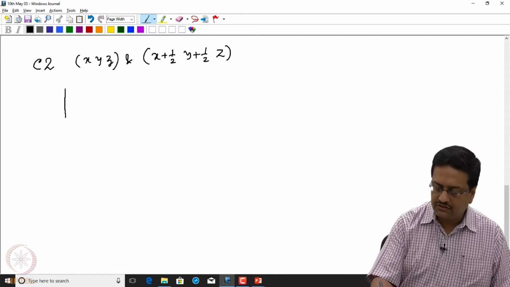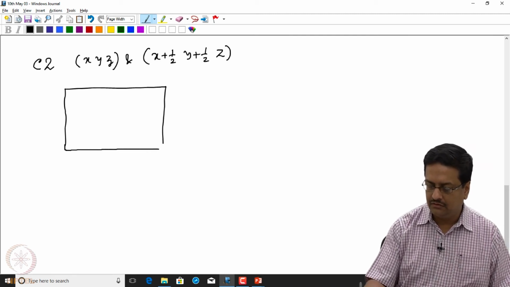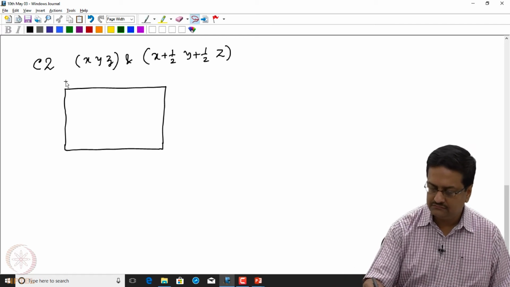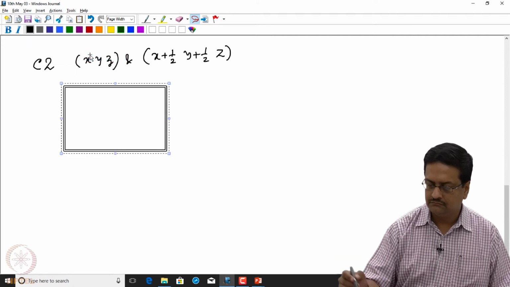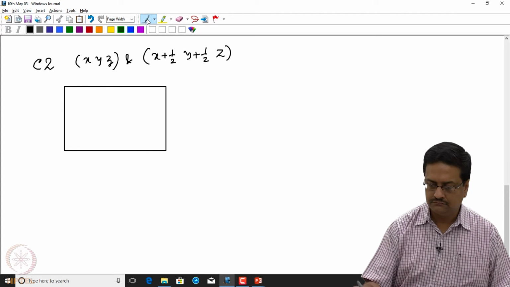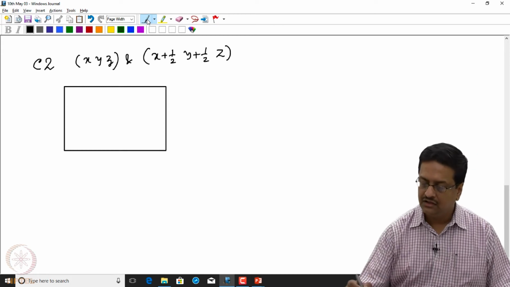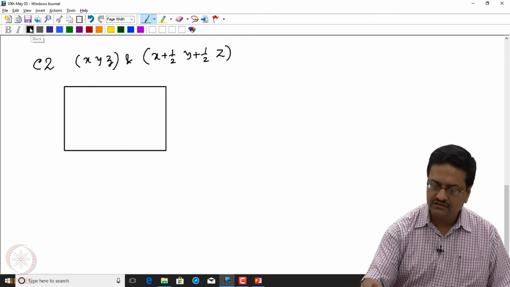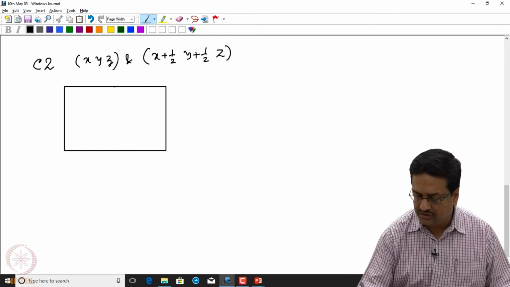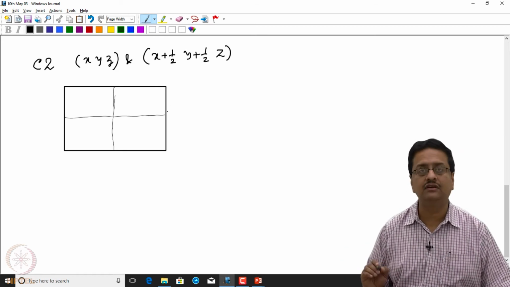So now I am going to draw a C lattice here. In case of a C-centered lattice, the first thing that I want to do is to divide this unit cell into about 4 equal parts for my easy understanding. Don't get confused, because these lines at the moment do not mean any symmetry element.